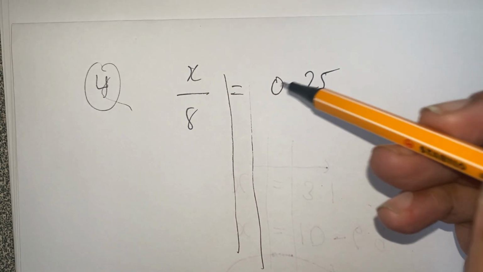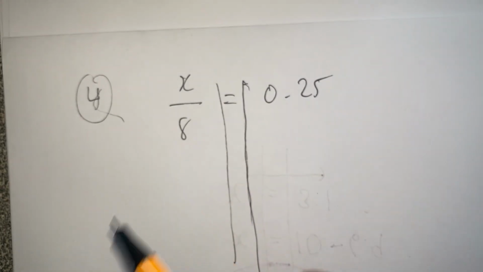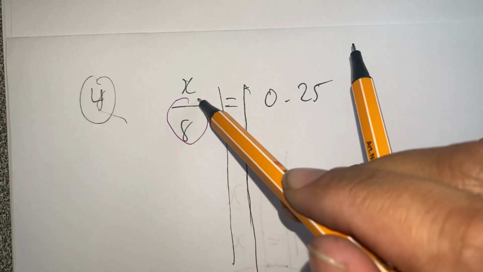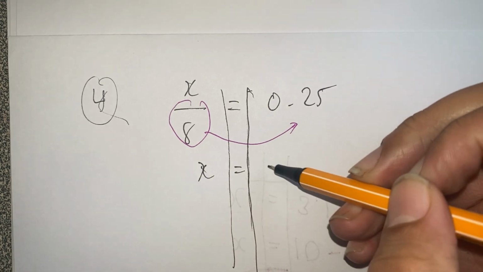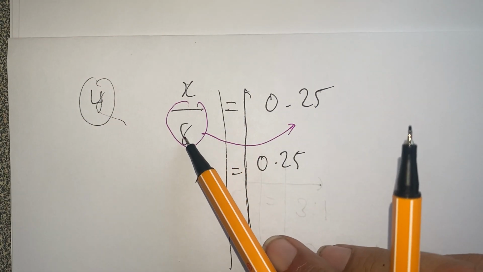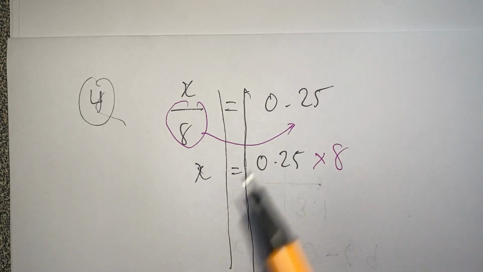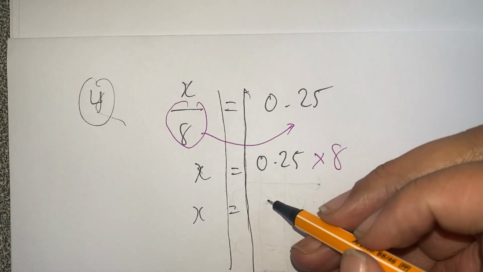Sorry, let me just do this nicer. To get rid of it, I do the opposite. I want to get rid of this whole thing, so I throw it over. X is now there, equals 0.25 stays the same, and what changes is this divide by 8, which changes to times 8. X equals 2.